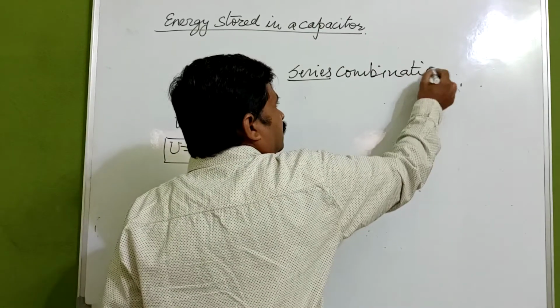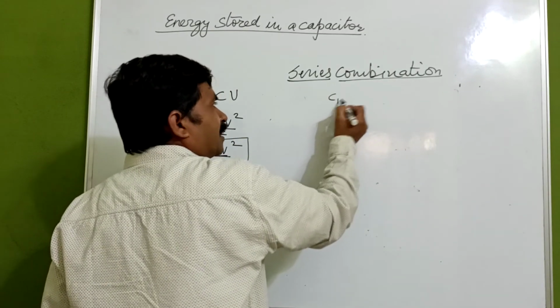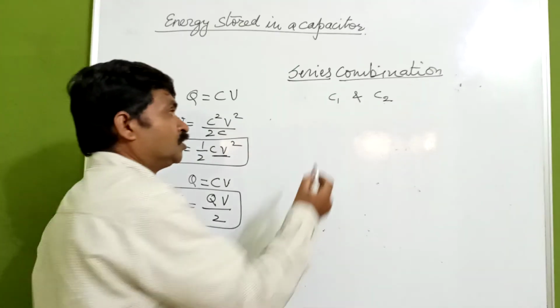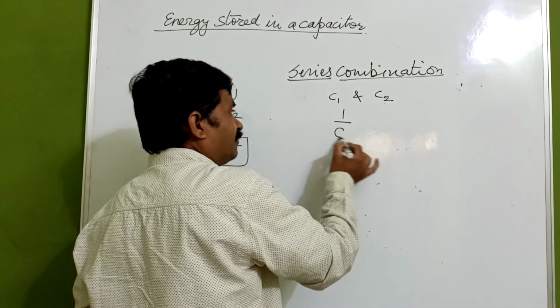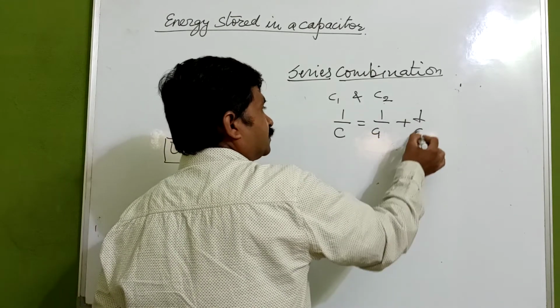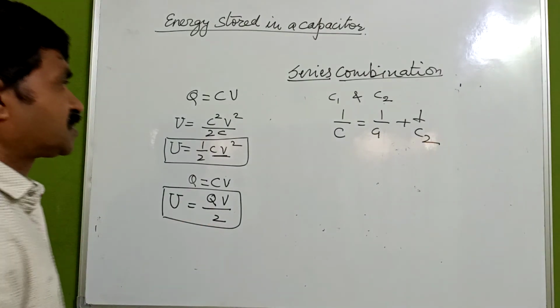In series combination, we know that suppose we have two capacitors C1 and C2 connected in series, their total capacitance will be given by 1 upon C is equal to 1 upon C1 plus 1 upon C2. Here we have this relation, half CV square.